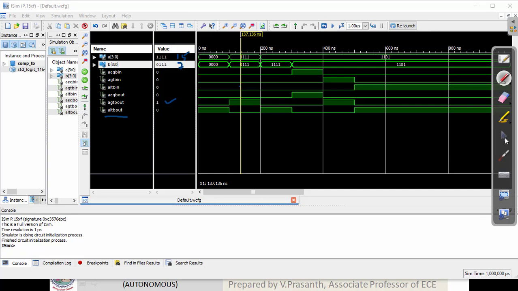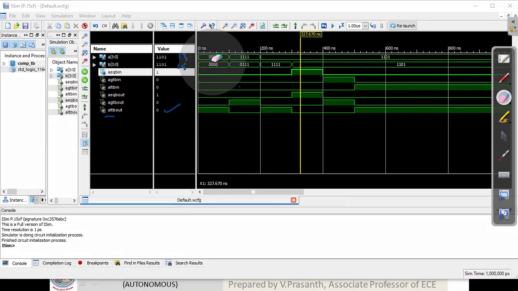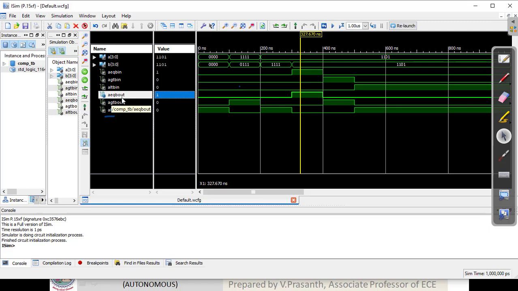In the next instance, this one is 13 and this one is 15, so A less than B is active. Likewise, in the fourth instance, both are the same, 1101 and 1101. Now A equal to B is active, so we got the A equal to B output.